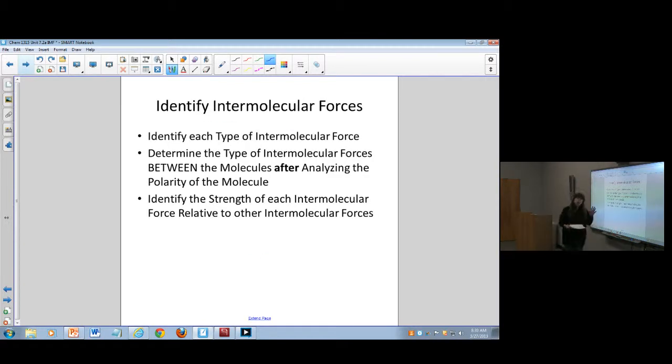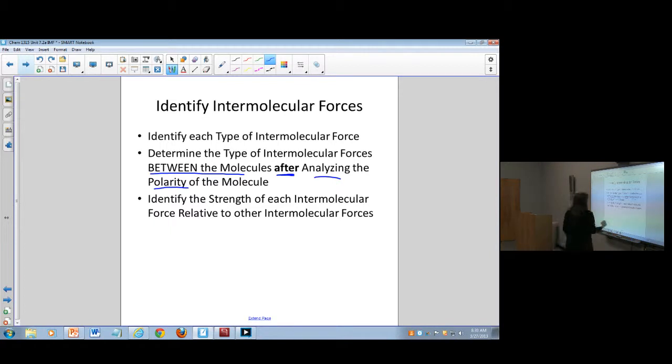So it's just a quick run through. We're going to have to identify the type of intermolecular forces between the molecules. But before we do any of that, we have to analyze if it's ionic, polar covalent, or nonpolar covalent.